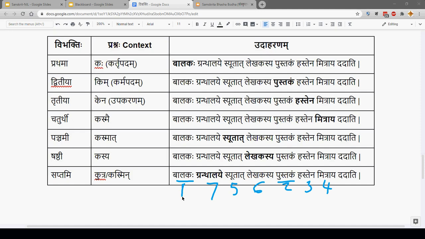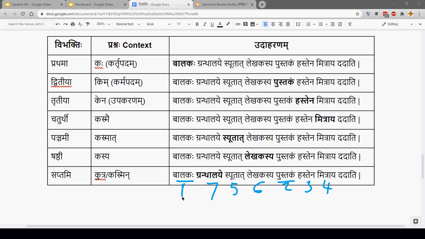Good? Any questions? Each word has its own case ending to denote its role in the sentence.